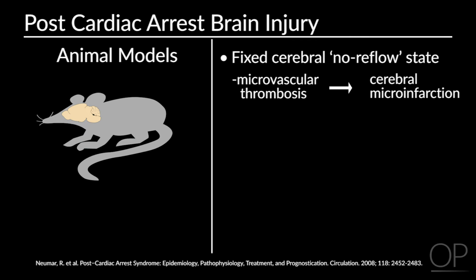This is potentially the reason that, at least in animal models of post-cardiac arrest syndrome, there does seem to be some responsiveness to the use of thrombolytic therapy when it comes to improving animal outcome from after cardiac arrest.